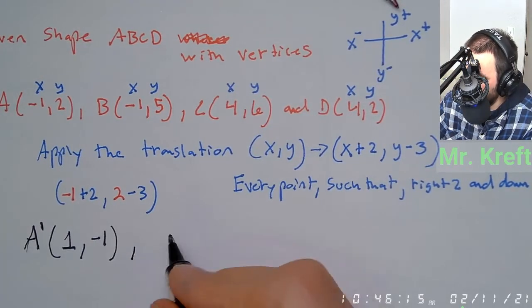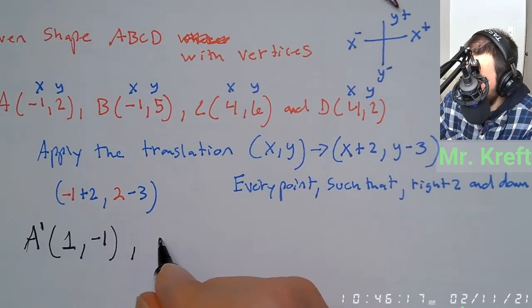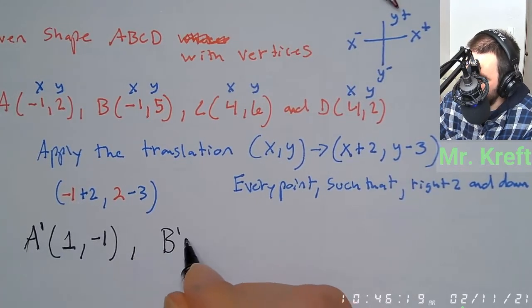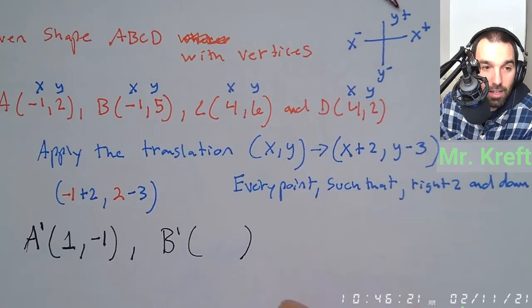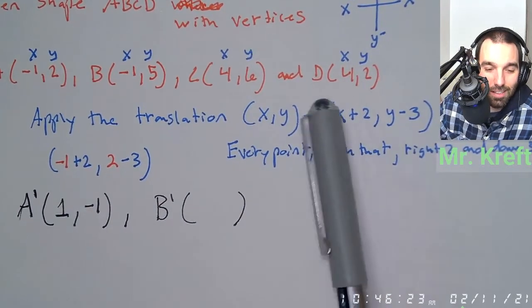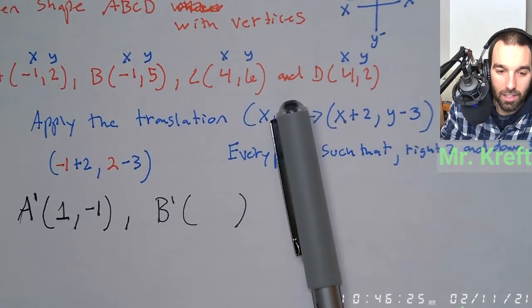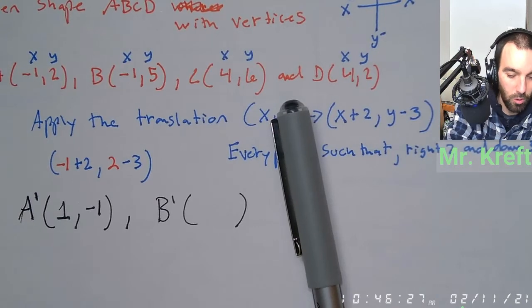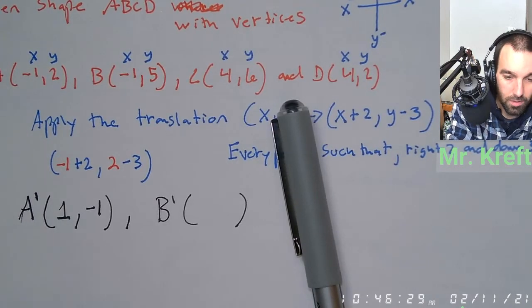Okay, so this was for A prime. For B prime, can you guys try that out and type your answer into the chat? Your answer will look like this format: B prime, and then your coordinates.